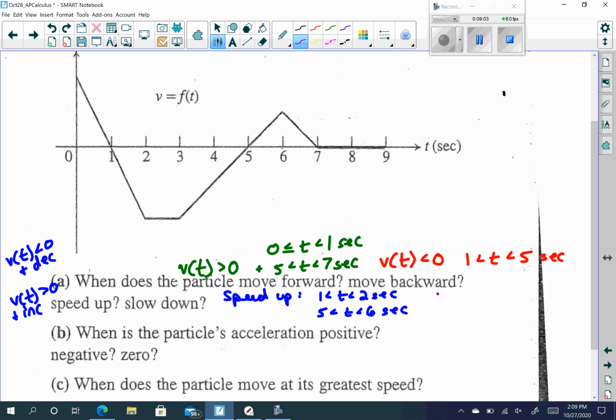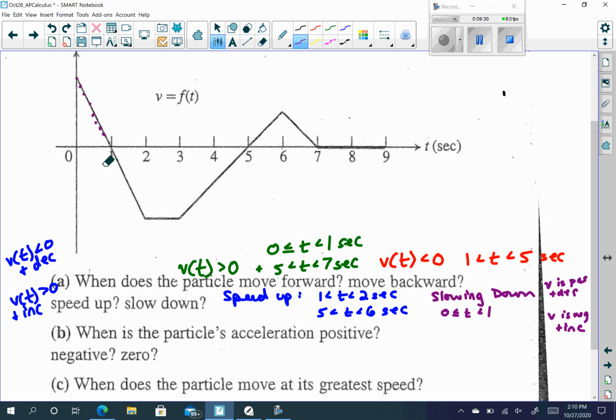All right, and then slowing down. We're looking when our velocity is positive and decreasing, or velocity is negative and increasing. So we have positive and decreasing between 0 and 1. And again, we're going to include the 0 because that's our endpoint there.